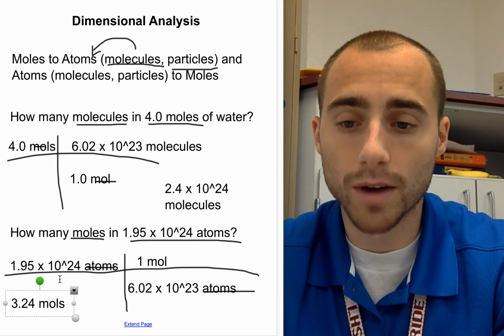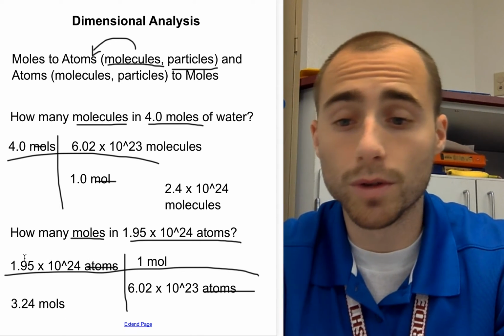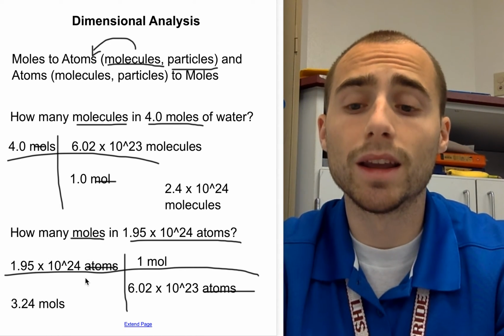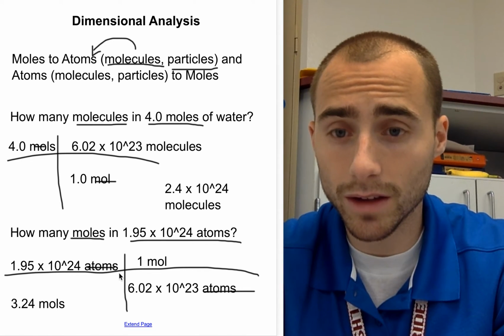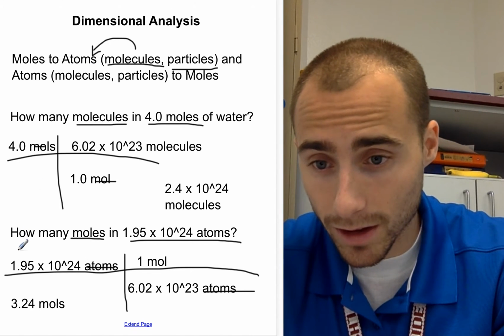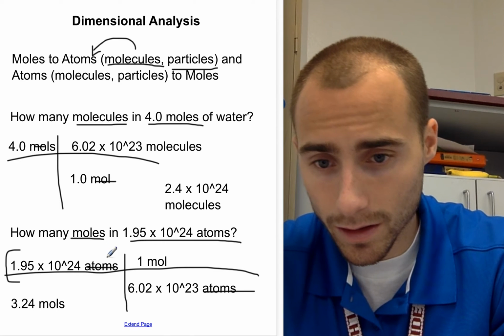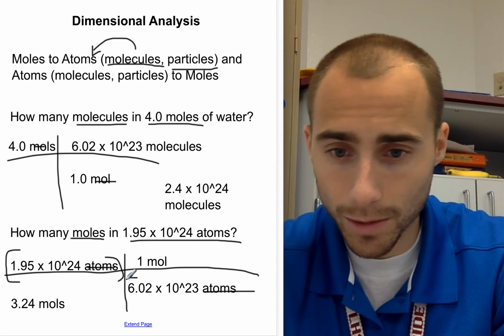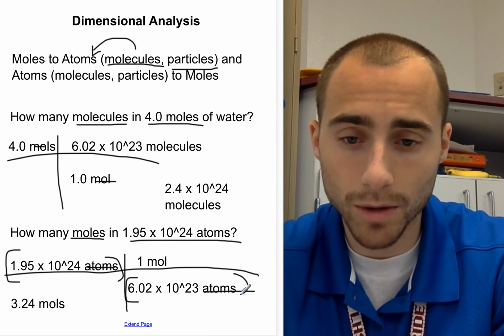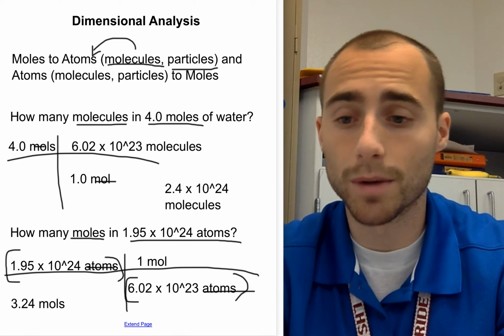So that would be your answer. Again, make sure when you are doing this type of division, put this in parentheses and this in parentheses when you're dividing them, and then you'll be able to get the correct answer. So those are all one-step problems.